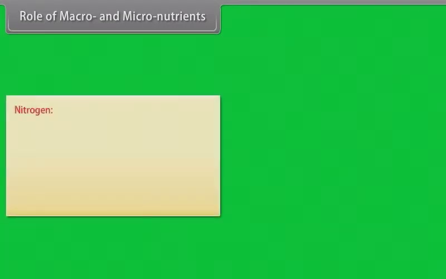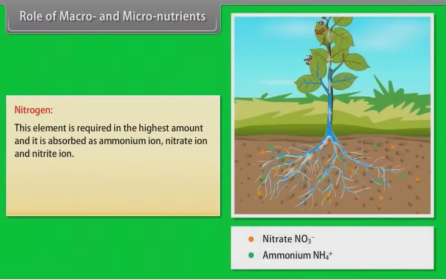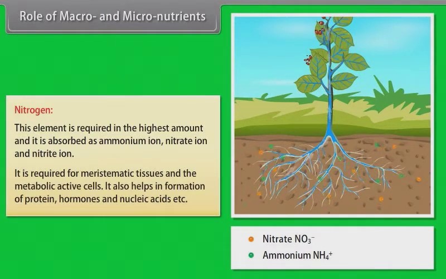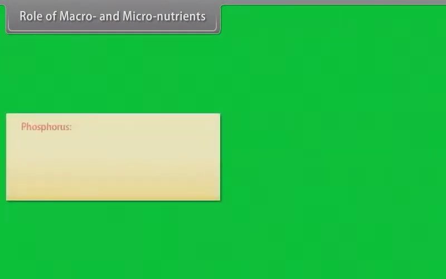Role of macro and micronutrients. Nitrogen. This element is required in the highest amount and it is absorbed as ammonium ion, nitrate ion and nitrite ion. It is required for meristematic tissues and the metabolically active cells. It also helps in formation of protein, hormones and nucleic acids, etc. Phosphorus.